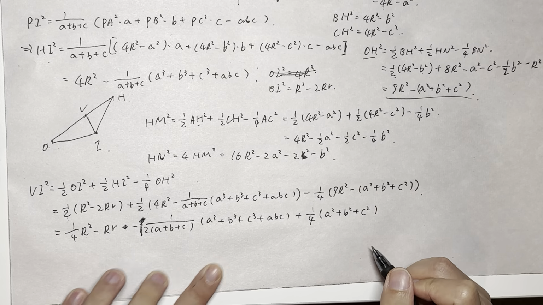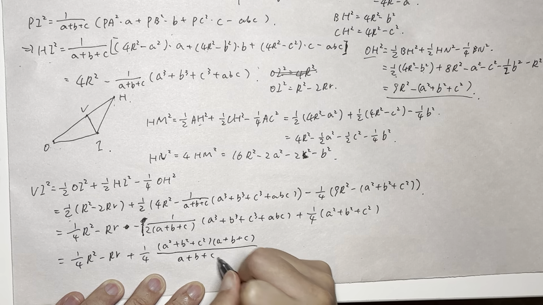So it equals to 1/4 R squared minus Rr, and we use this one and this one together, so that is plus 1/4 of (a squared plus b squared plus c squared) times (a plus b plus c), right?